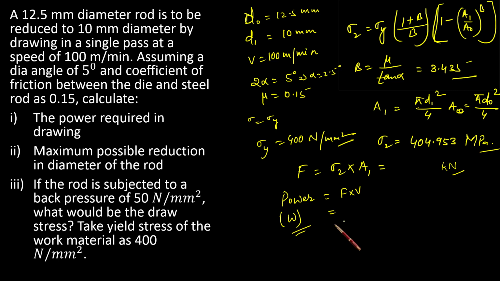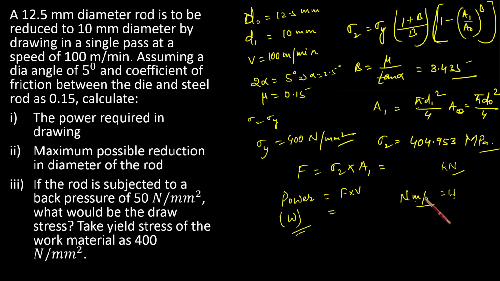What is the watt? Newton meter per second is watt. So if it is kilonewton meter per second, then it will be kilowatt.